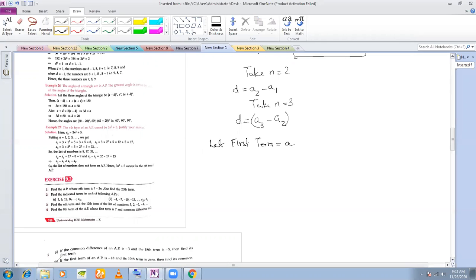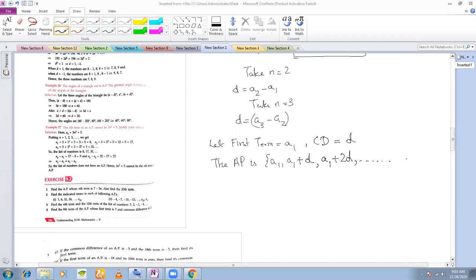If you know the first term as A1, and the common difference of the AP as D, then your AP is A1, A1 plus D, A1 plus 2D, and so on. This will continue, A1 plus 3D, and so on.